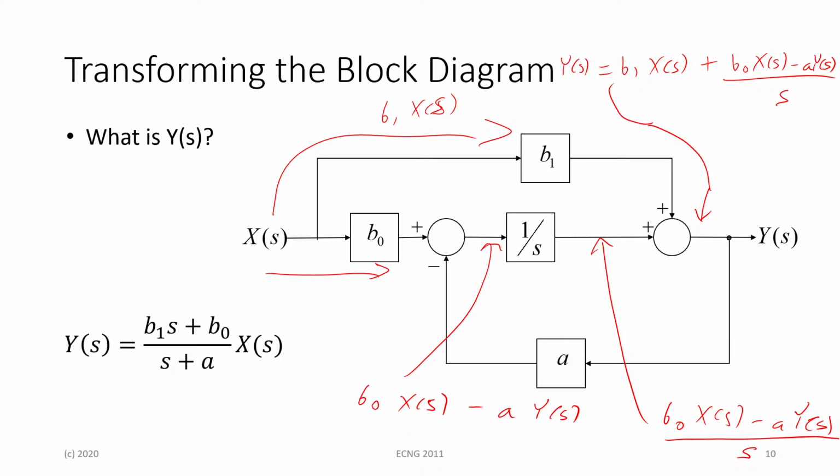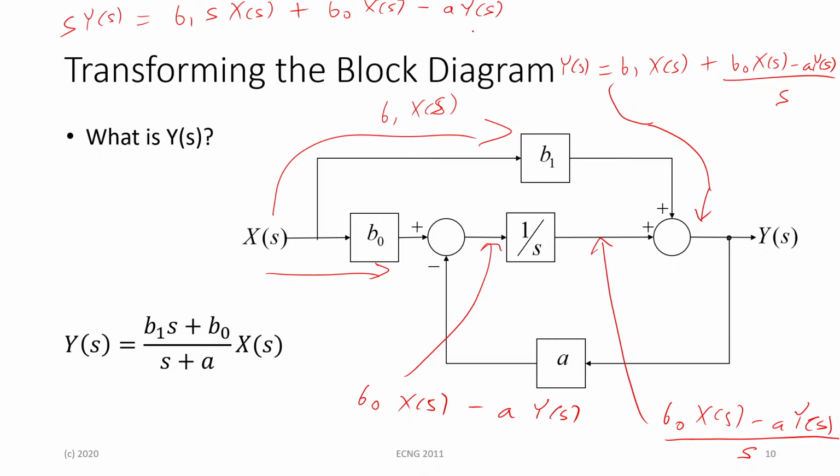Now if we multiply both sides by s, we get s y of s is equal to b1 s x of s plus b0 x of s minus a y of s.